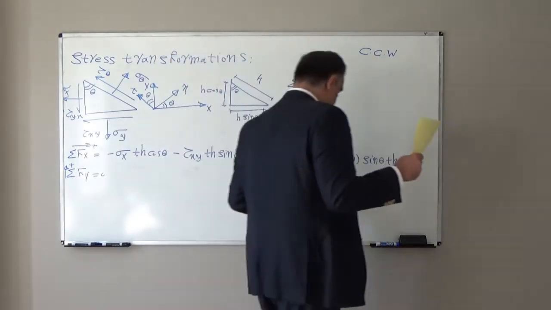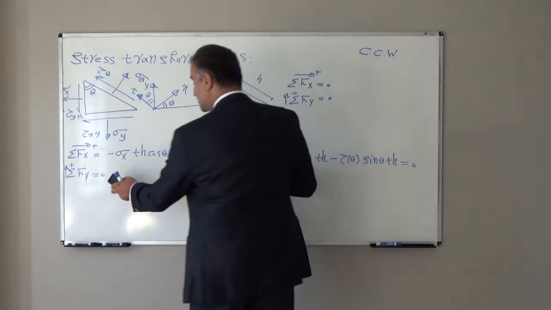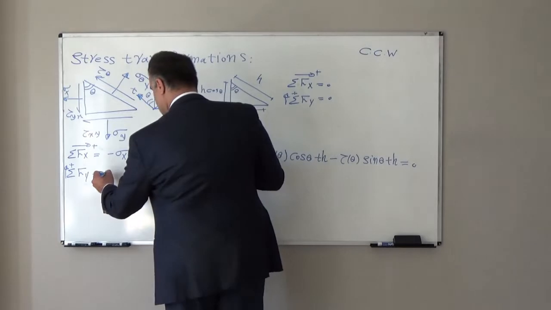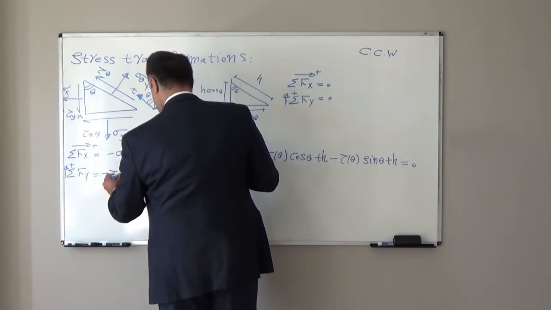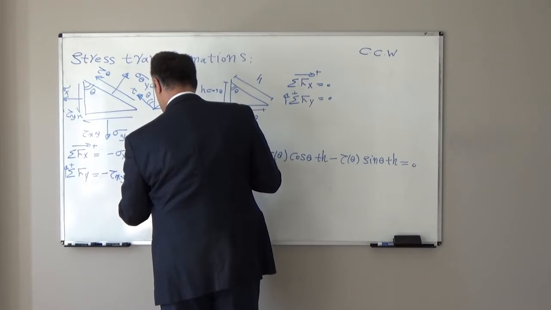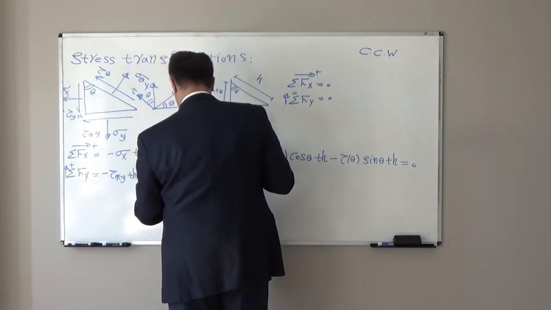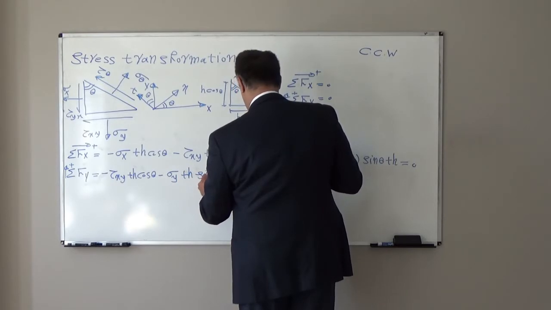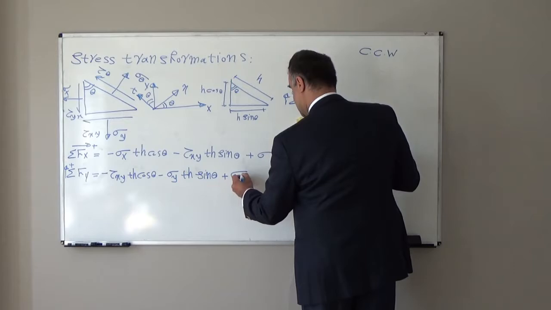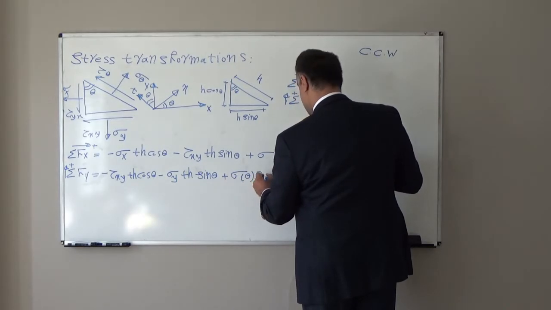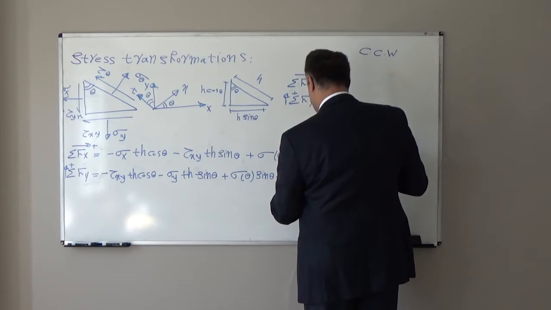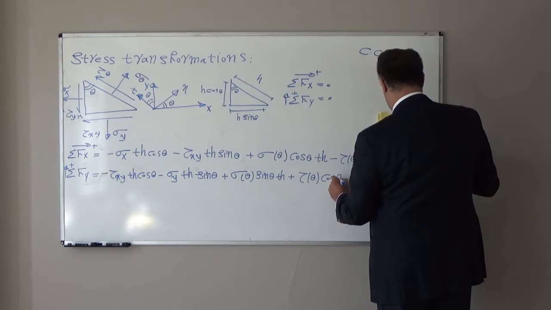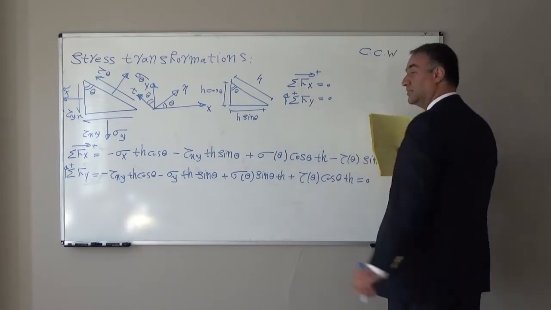Summation of forces in the y direction will be equal to minus tau xy t at cosine theta, minus sigma y t at sine theta, plus sigma theta sine theta t at, plus tau theta cosine theta t at, is equal to 0.